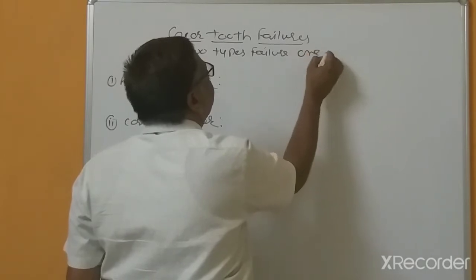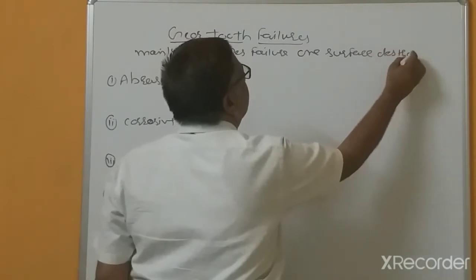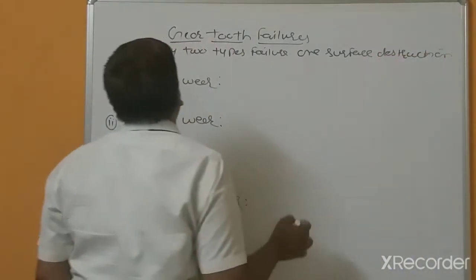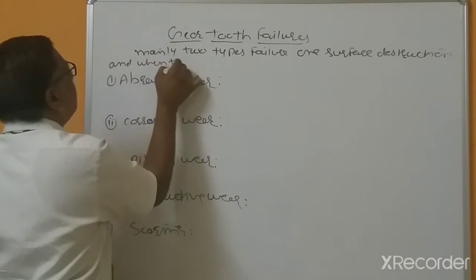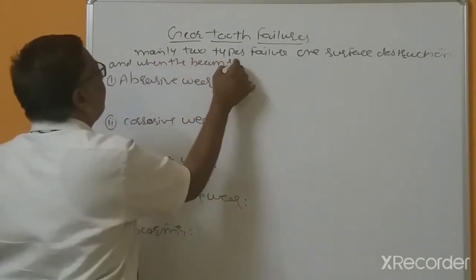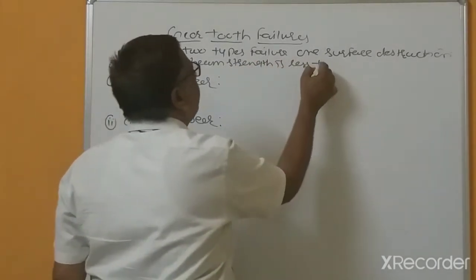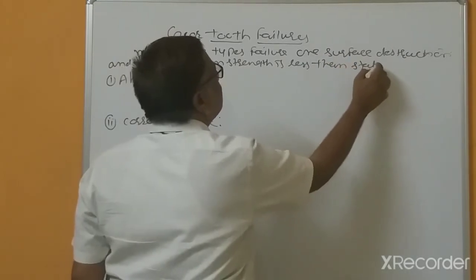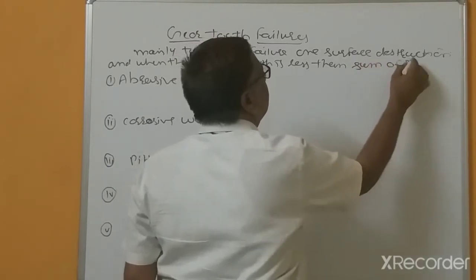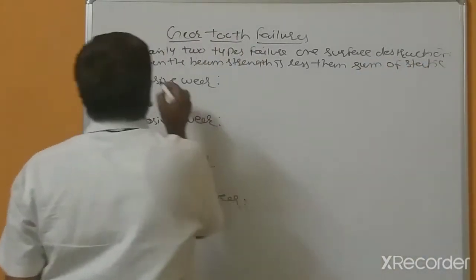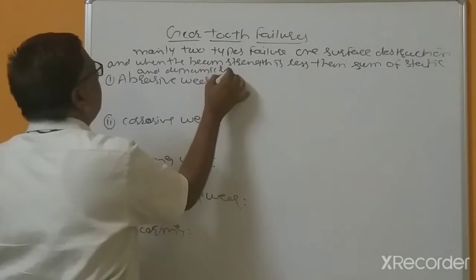One is surface destruction, and second is when the beam strength is less than the sum of the static and dynamic loads.